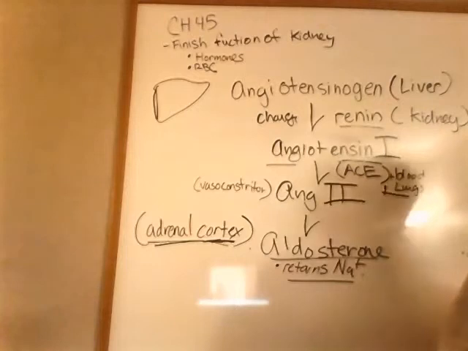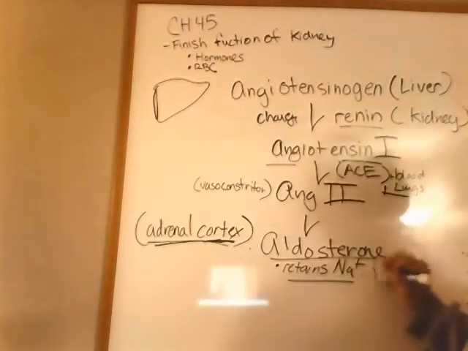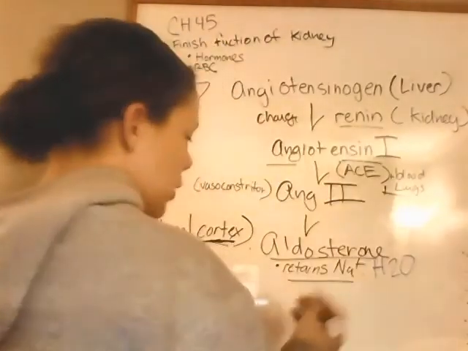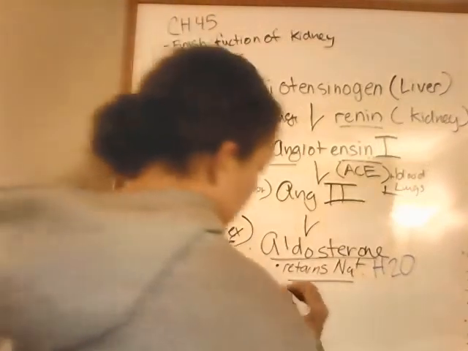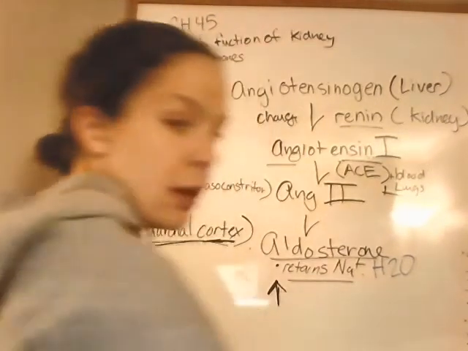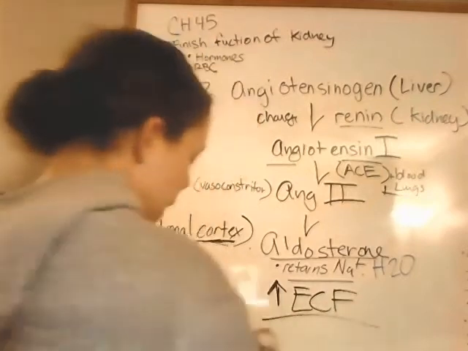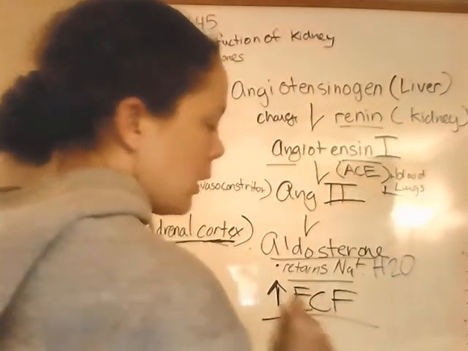All right, so it retains sodium, which of course is going to cause a retention of water, Chinese food. And finally, of course, the result, which we wanted to get to from the very beginning, was the increase in extracellular fluid. So, what happens when we increase fluid? We increase pressure.